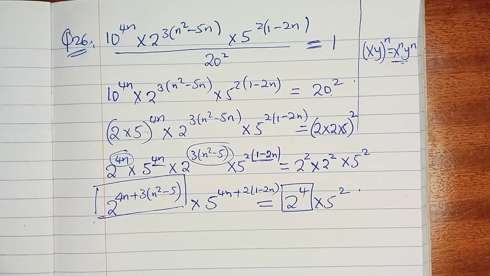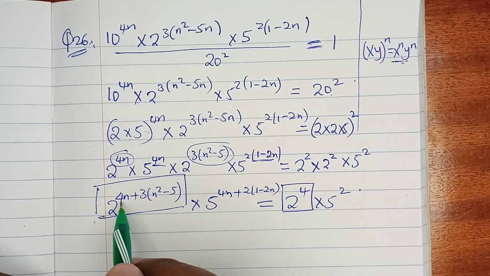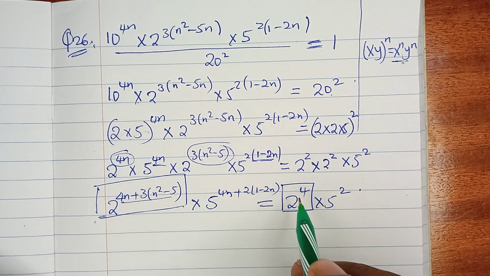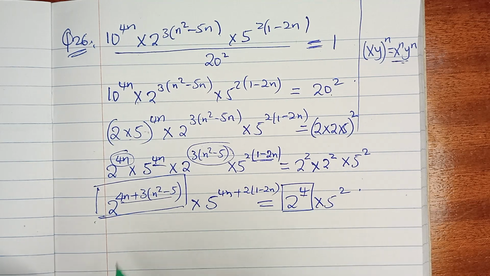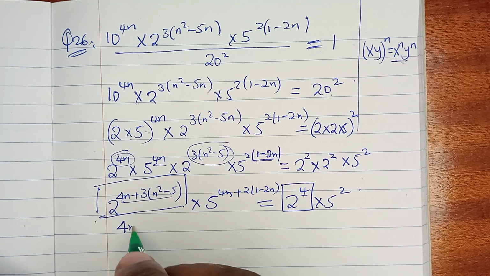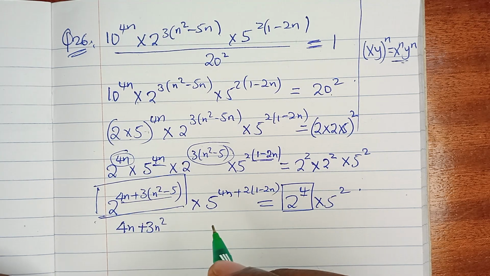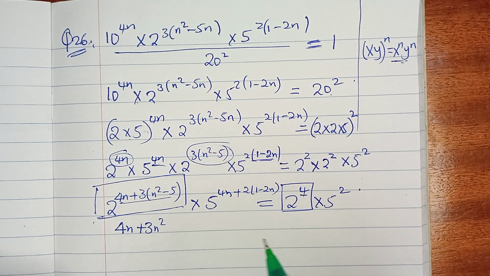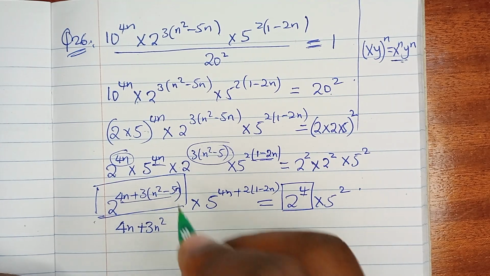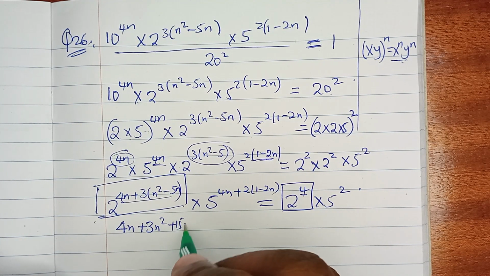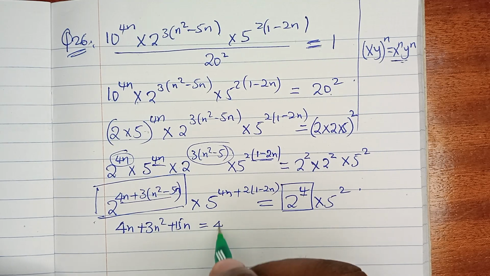What does that really mean? It means the indices here must be equal to these indices, meaning that 4n plus 3n squared minus 5n plus 15n is equal to 4.